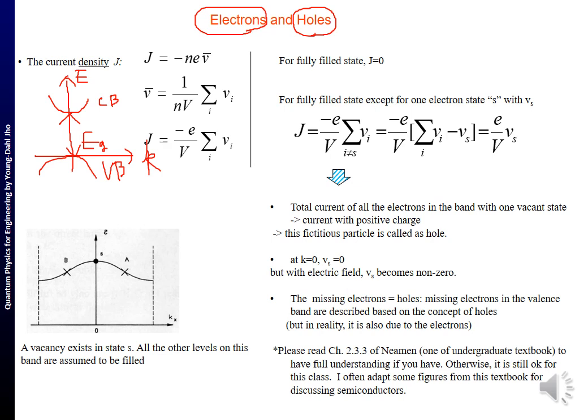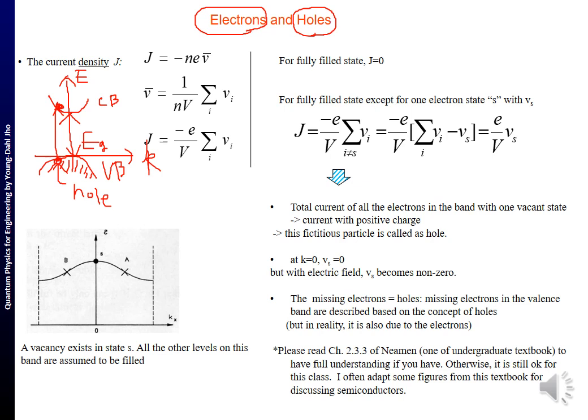And here, the valence band is fully filled by electrons. The conduction band is mostly empty. If an electron from here is excited into the conduction band, there's a vacant state of electron here. That vacant state of electron is called a hole. Okay?